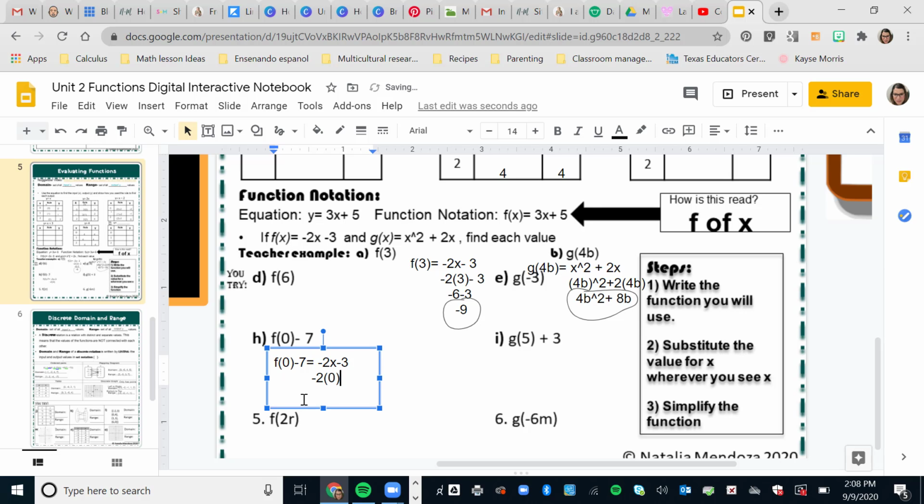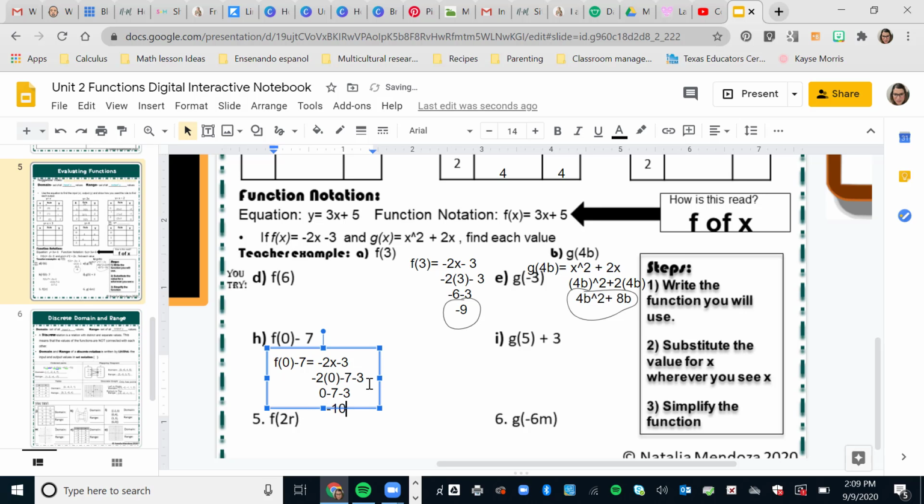And then it's really a double parentheses because you're substituting the other value also. Actually, not really. Scratch that. It's just like that. And then -3. Sorry. So -2 times 0 is 0. And then 0 minus 7 minus 3. You simplify that and your answer is -10.